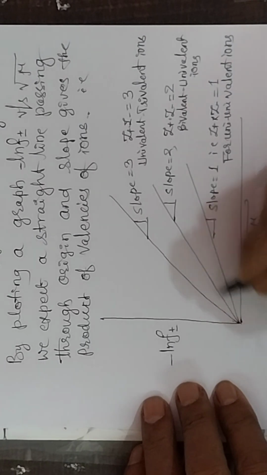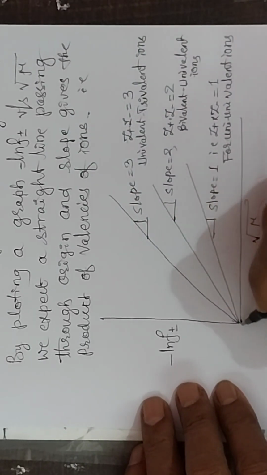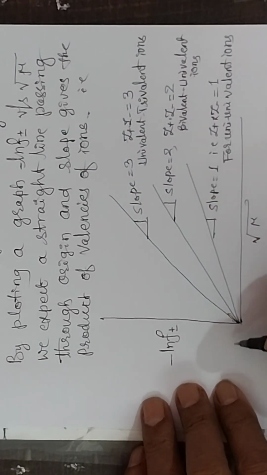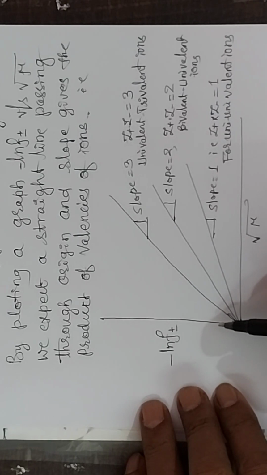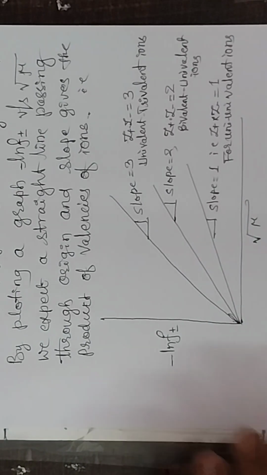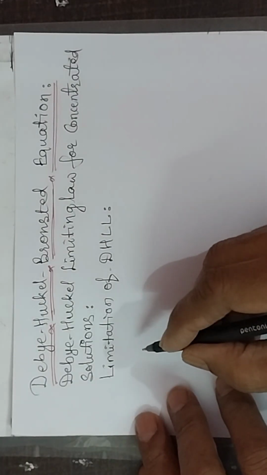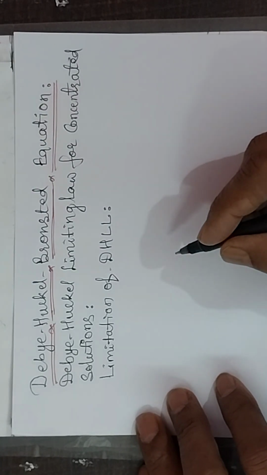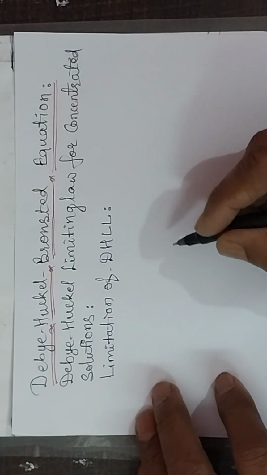Here, if we get a straight line passing through the origin, it shows that the salt is obeying the Debye Huckel's theory of strong electrolytes, that is Debye Huckel's limiting law. You know, Debye Huckel's theory of strong electrolytes is applicable only to the dilute solutions.